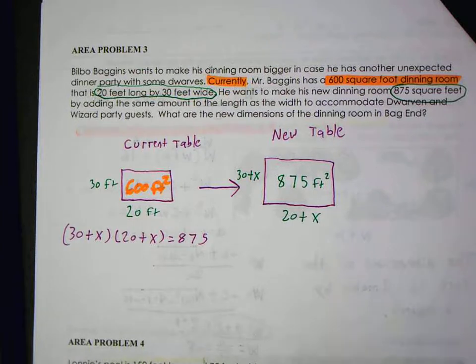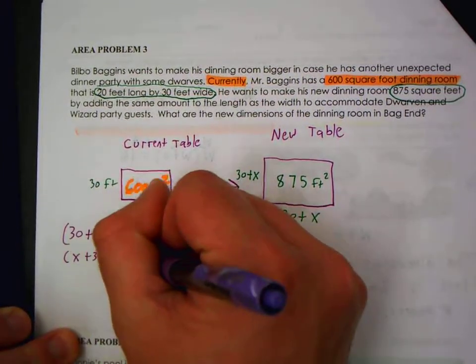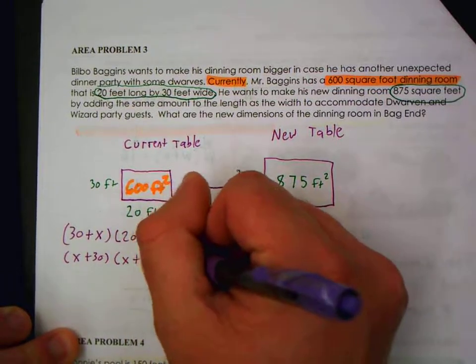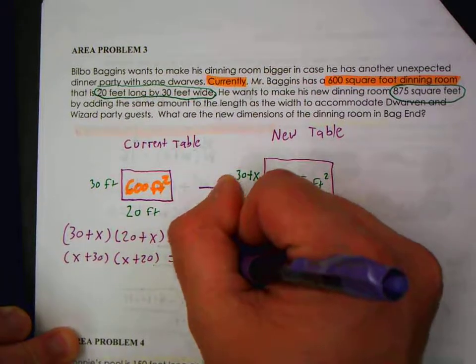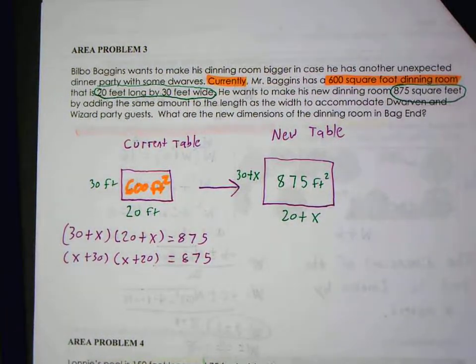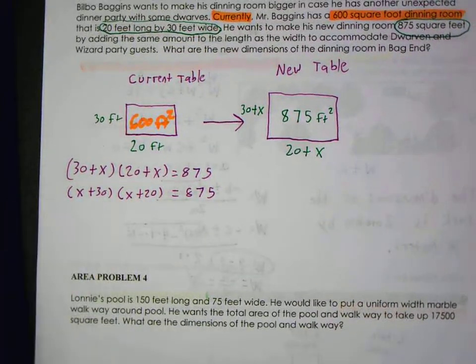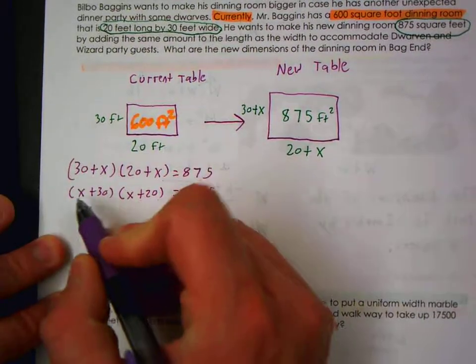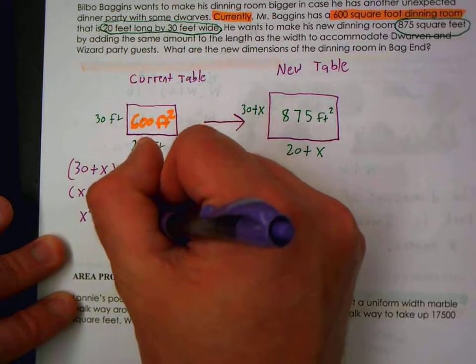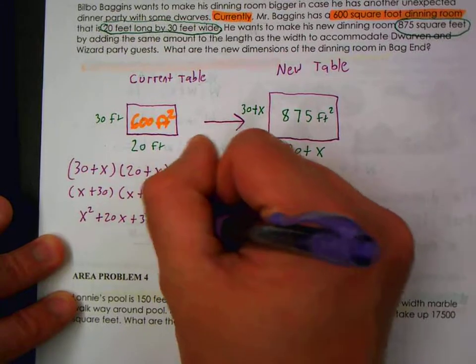I'm going to rewrite this as x plus 30 times x plus 20, which is a legal move in math. It's the commutative property. Okay. Now I'm going to take this binomial times this binomial. We reviewed that. x times x is x squared, x times 20 is 20x, 30 times x is 30x, and 30 times 20 is 600.